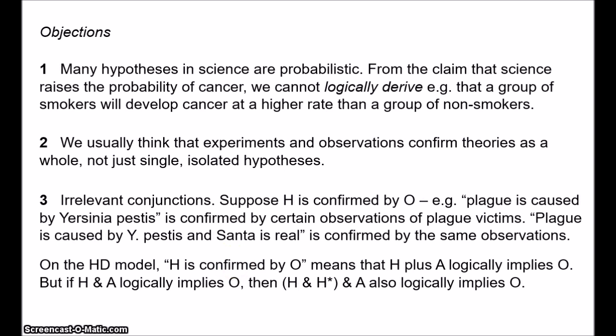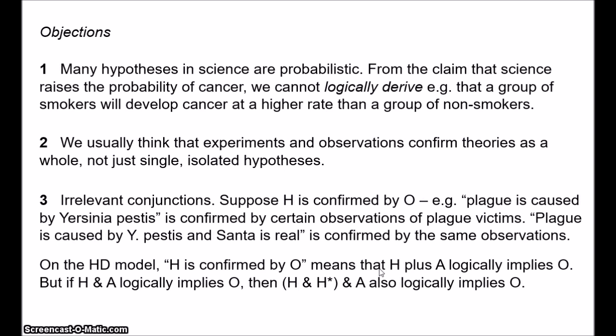Well, if the conjunction of H and A logically implies O, then the conjunction of H and H star and A will also logically imply O. So plague is caused by Yersinia pestis and Santa Claus is real implies, given relevant auxiliary hypotheses, that Yersinia pestis will be found in people who are victims of the plague.